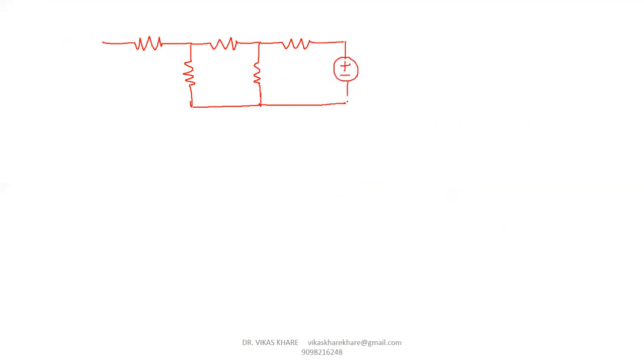Now we consider an example of nodal analysis in a general way. This is the given circuit: V1, V2, R1, R2, R3, R4, and R5.